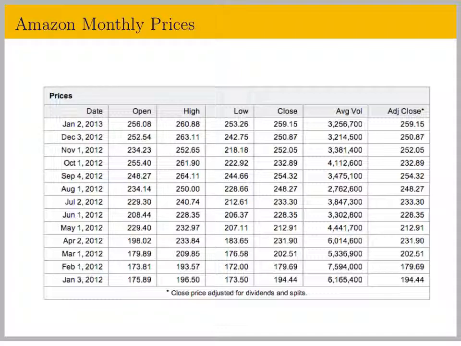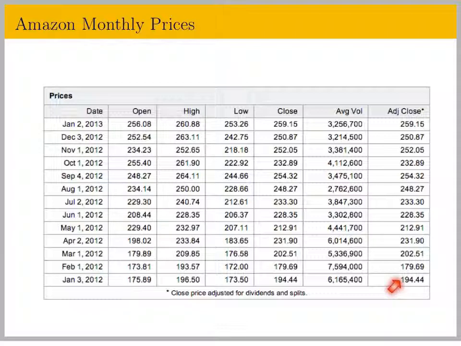Now, let's be a little bit more specific. Let's say I want to compute the return for Amazon for the month of January 2012. Well, this price right here is the purchase price of Amazon as of the close of trading on January 3rd, 2012.